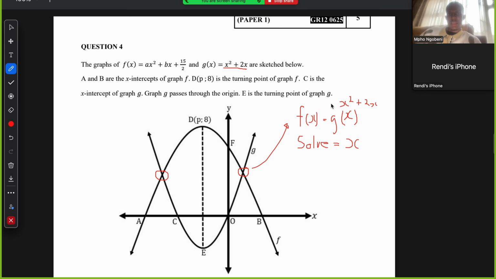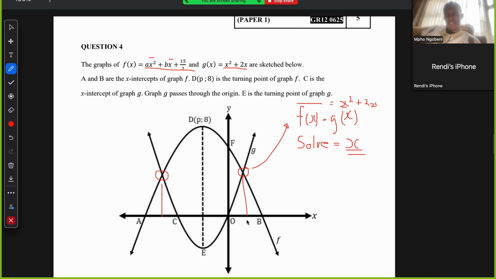And then here at f(x), you're going to write the f(x) one, which is this one. Can you see? It's x's everywhere. So you are solving for x. Then you're going to get the x values, two of them, one for here, the other for there.